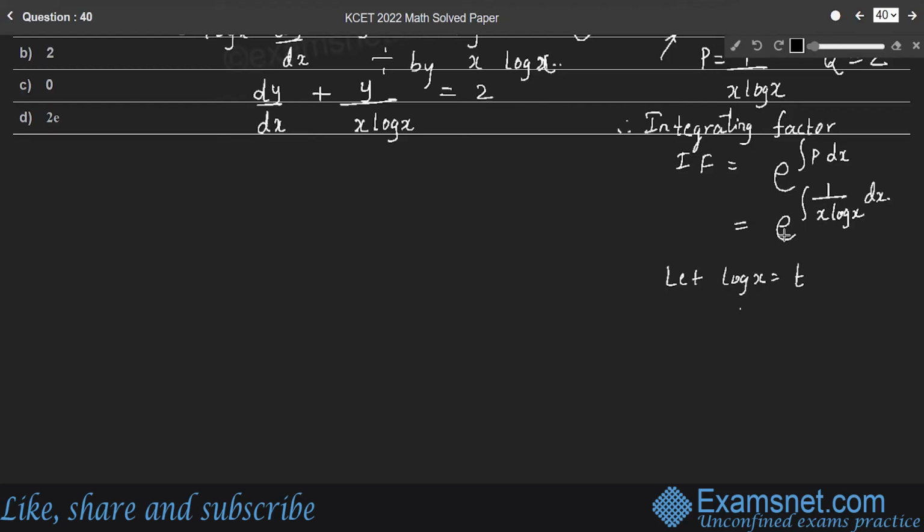So d by dx of log x is 1 by x, right? So 1 by x with respect to x, so on differentiating, 1 by x dx is equal to dt, right? So in place of 1 by x dx, we'll write dt and log x as t.